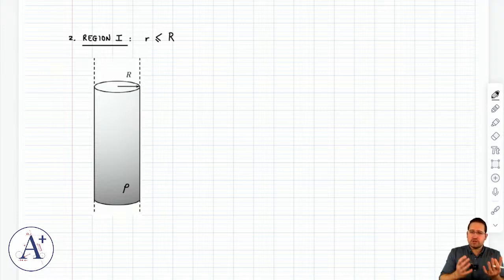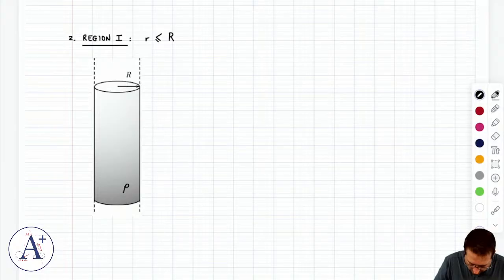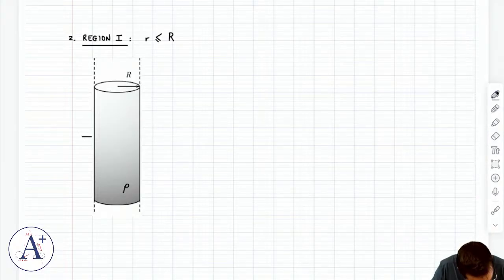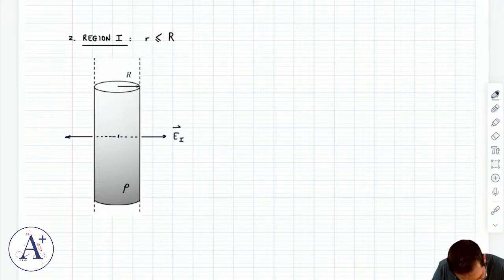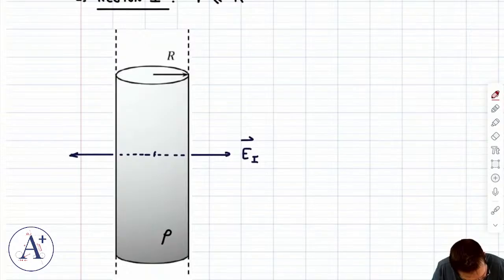But if rho is uniform, I still have cylindrical symmetry, right? So I'm still going to have E1 everywhere radiating outward. I'm going to have a Gaussian cylinder at first.